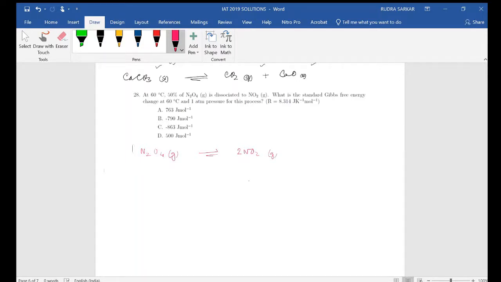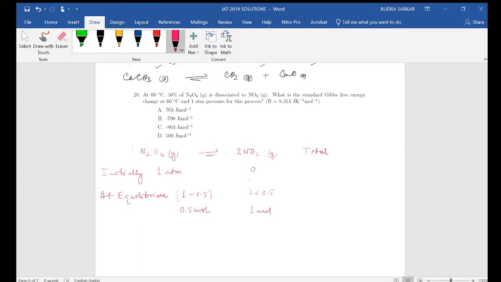Okay, so initially this is 1 atm and that is equal to 0. At equilibrium, this is 1 atm. If this is 50% dissociation, then that is 0.5 and that should be 2 into 0.5. That means this is 1 mole and that is 0.5 mole.